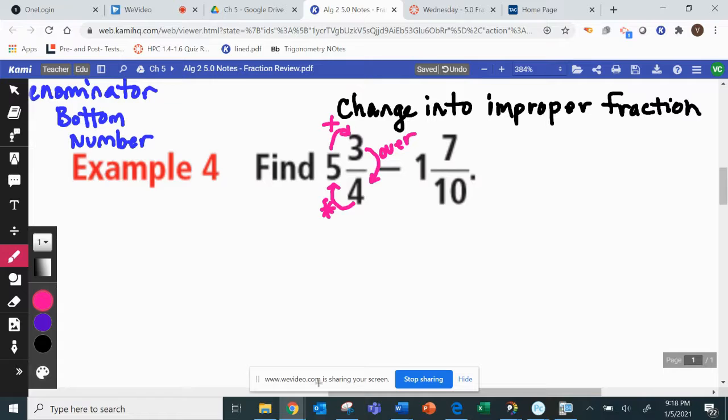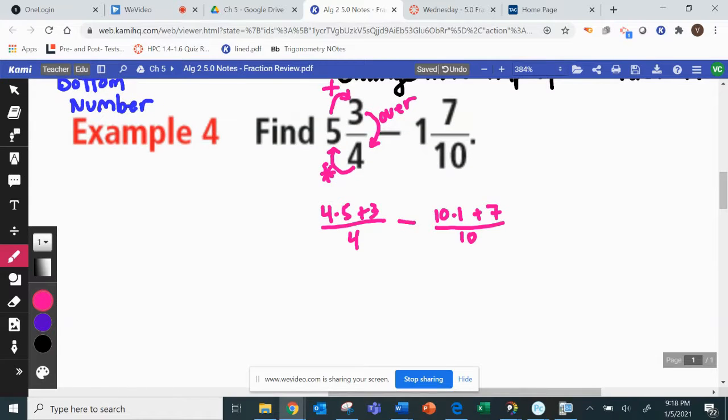So 4 times 5 plus 3 over 4. And then this one here would be 10 times 1 plus 7 over 10. I'm going to go ahead and simplify that. And I'm going to get 23 fourths minus 17 tenths.